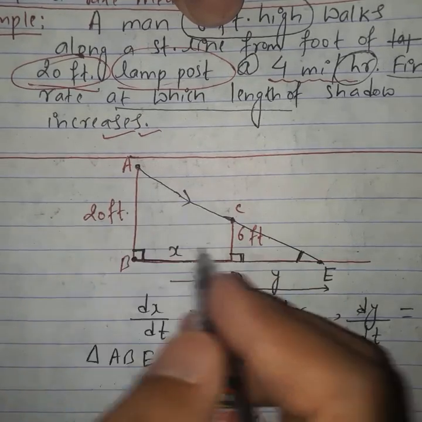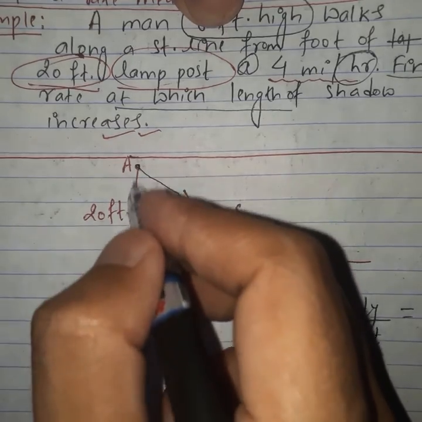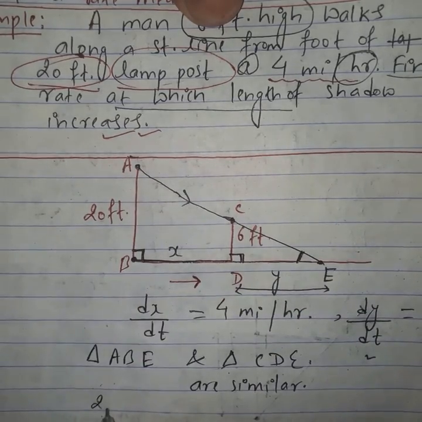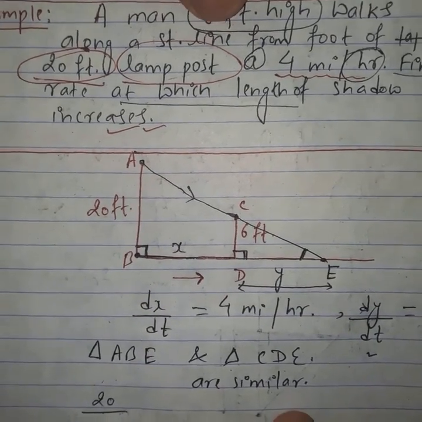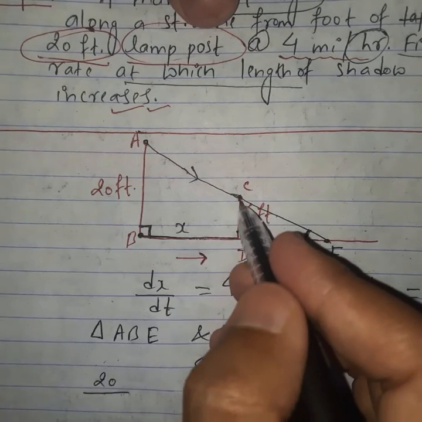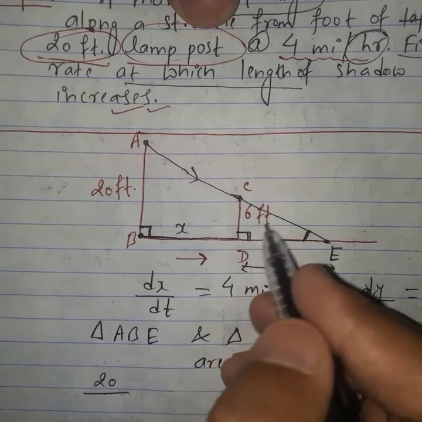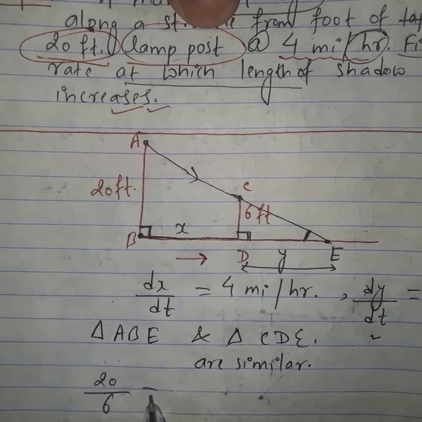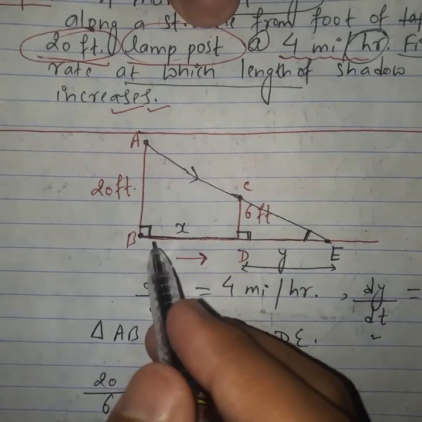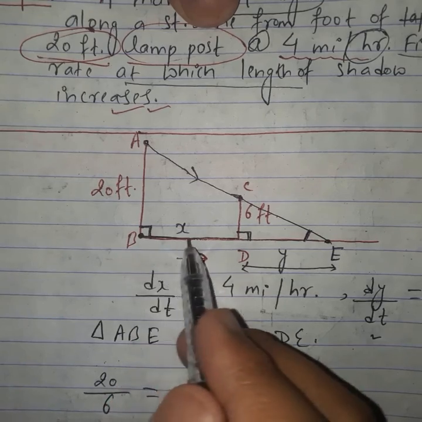In the large triangle, this height is 20, over its corresponding height in the smallest triangle, which is 6 feet, equals the ratio of the base sides.